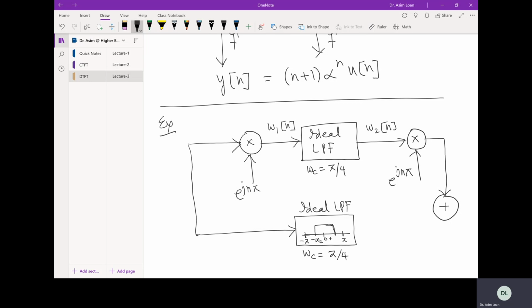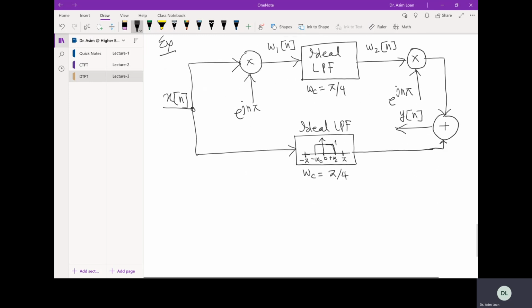The height is 1. And then this one goes over here, and this is some y of n. This is x of n.